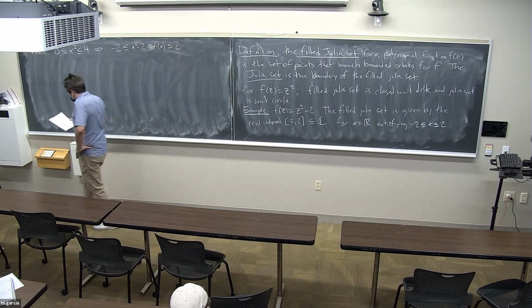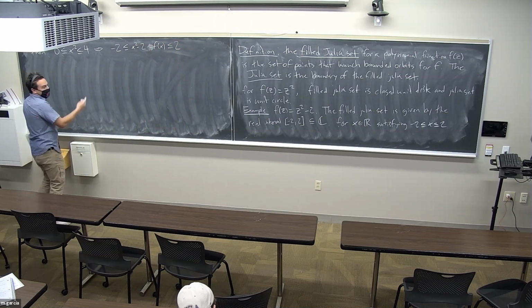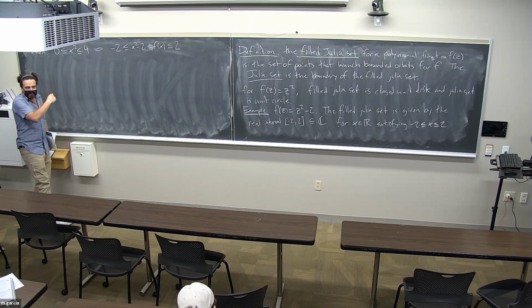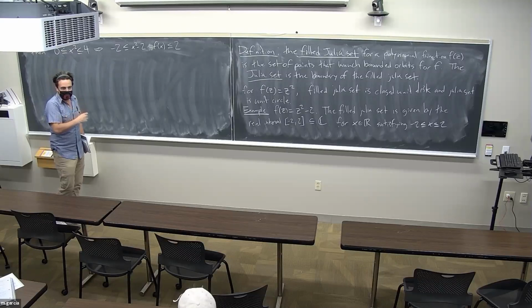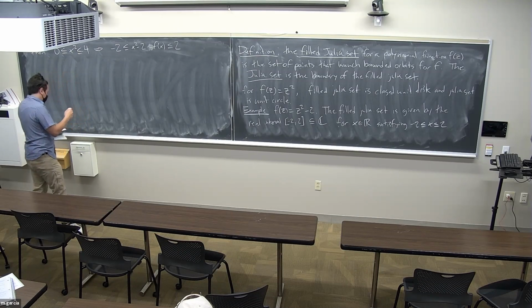So there you have it. If I start with something in the interval [-2, 2], I get, again, something in the interval [-2, 2] as an output when I put it into f.